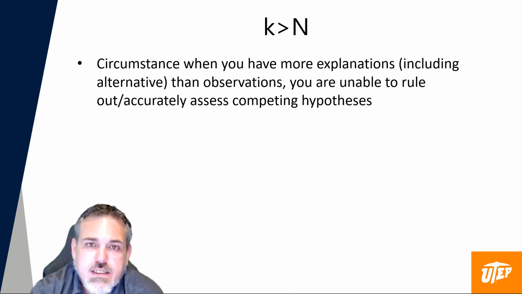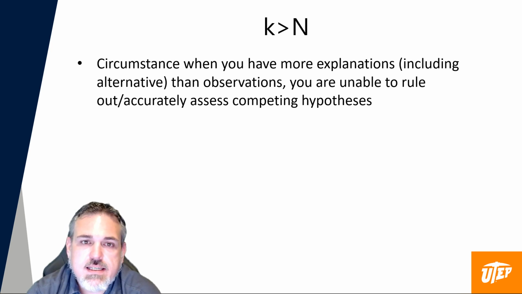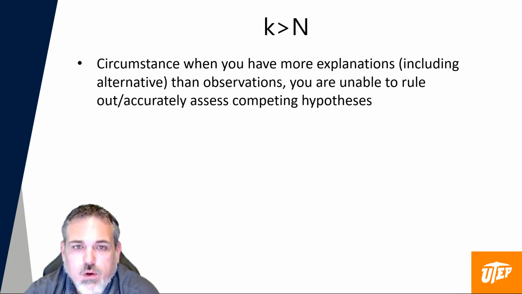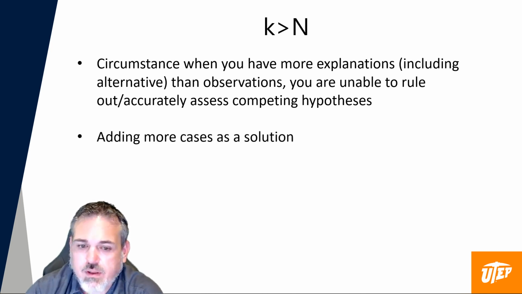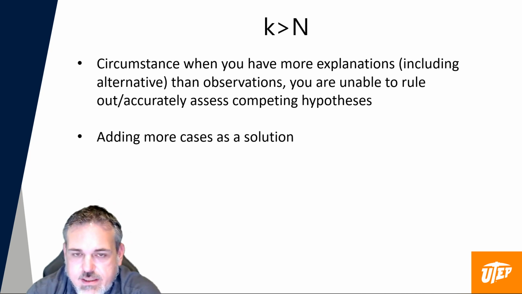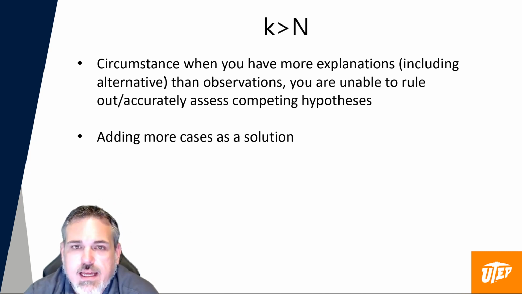The really easy way to get around this, and I say easy with a shrug, is that when we're doing small N studies, this sometimes isn't possible. But if we add more cases to the study, then we can test more possible explanations.